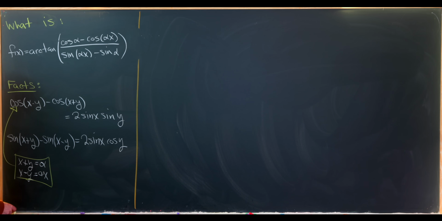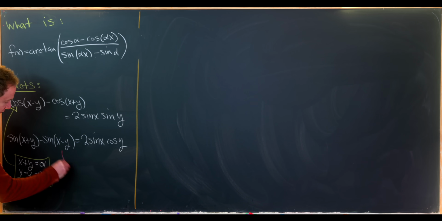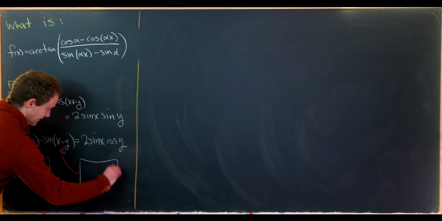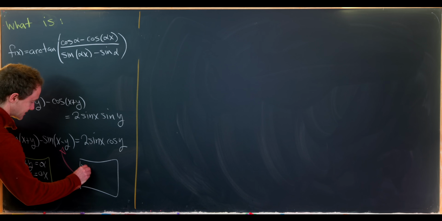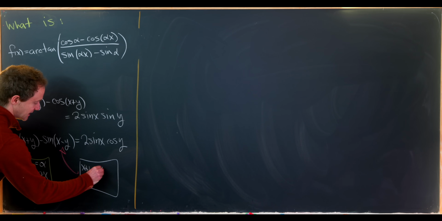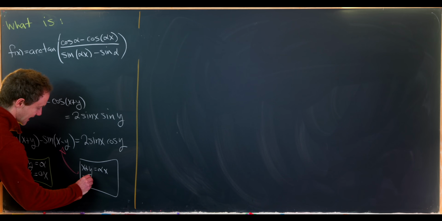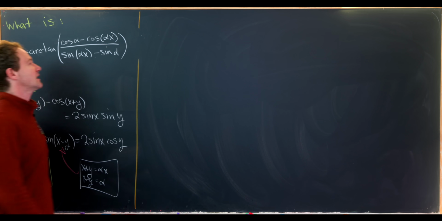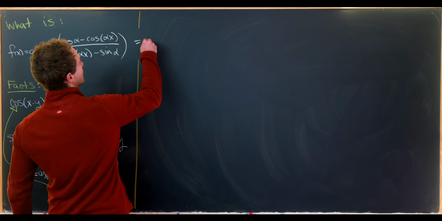So that's for that one right there. And then we'll apply it to this one right here where we have the opposite choice. Okay, so in other words, for this one, we'll take x plus y to be equal to alpha times x and x minus y to be equal to alpha. So something like that.